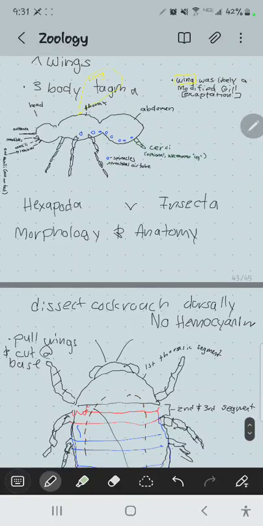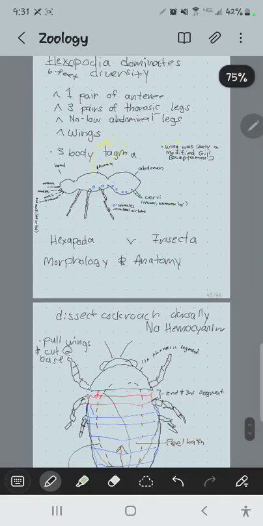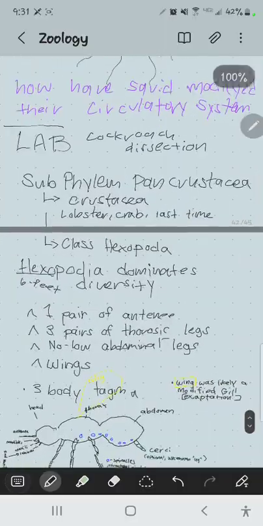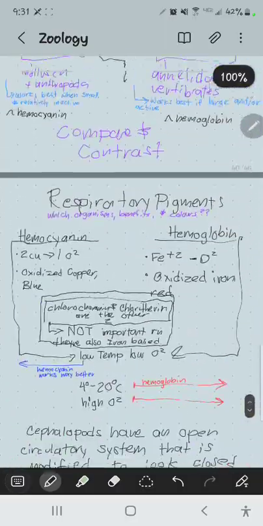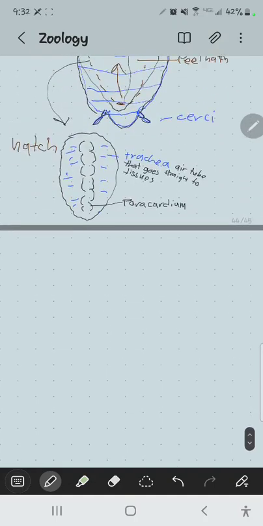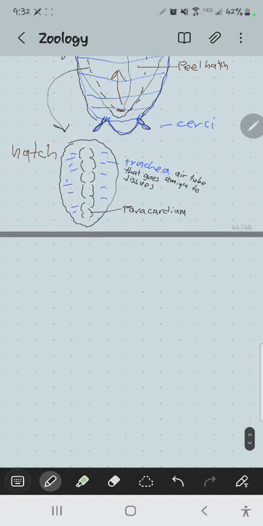You'll see trachea all throughout, but I think it's easiest to see in that kind of orbital area. Okay, so I'm going to go ahead and erase this patch that we removed and show you what we're looking at as internal anatomy. And of course, as always, I'm trying to tell you exactly what I'm going to ask on the test. So make sure you see those structures.